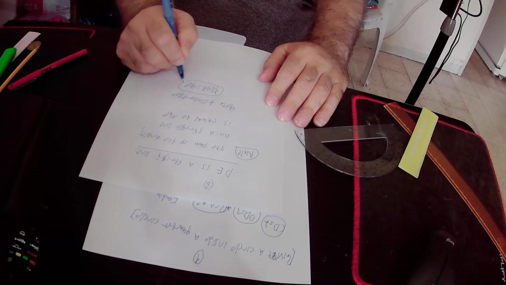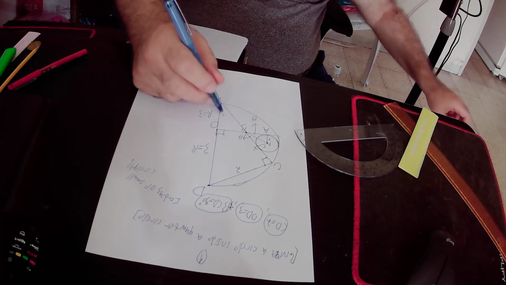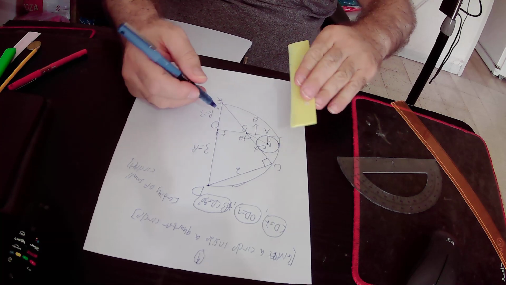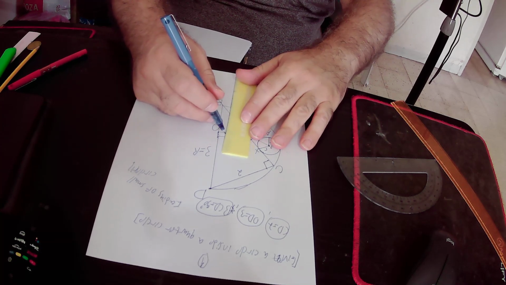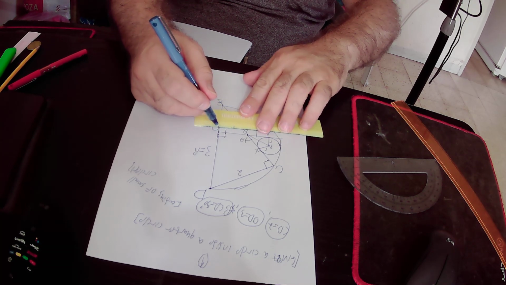So angle EOB equals 90 degrees. It is a right angle.